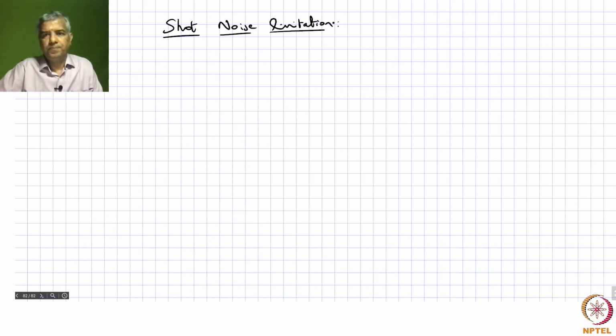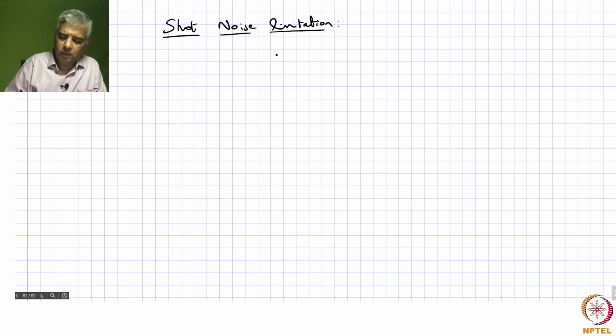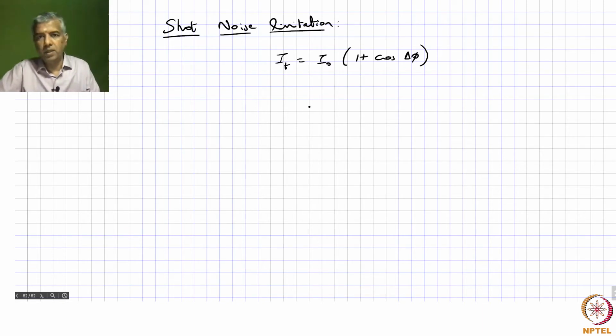Essentially, when we are looking at this gyroscope, we say the output intensity is given by I_T, which is equal to I naught plus I naught multiplied by 1 plus cos of delta phi. So for a given change in delta phi, if you want to see a larger intensity at the receiver, you need to actually have a larger I naught, right? So that is typically the consideration.